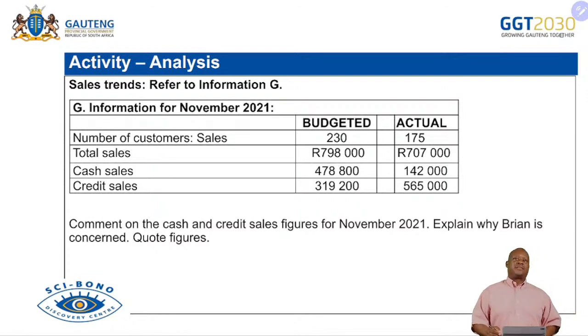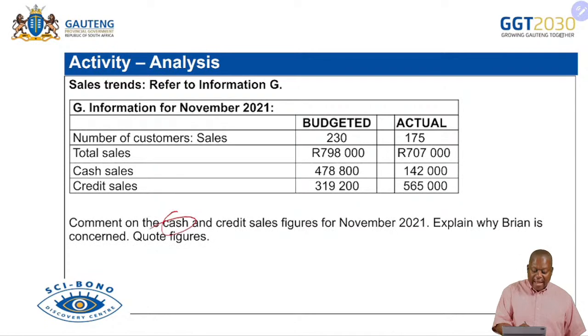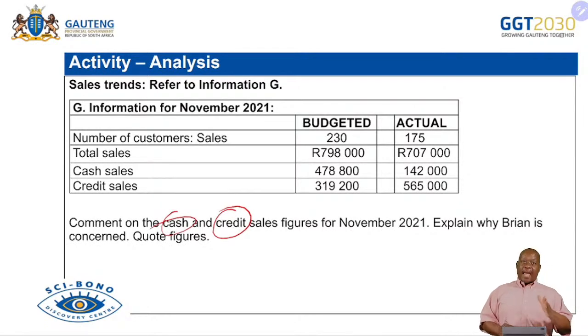So please let's look at this information. We are looking into cash and credit sales. So we are going to comment on these two independently. So we are going to say cash sales. What happened to cash sales?